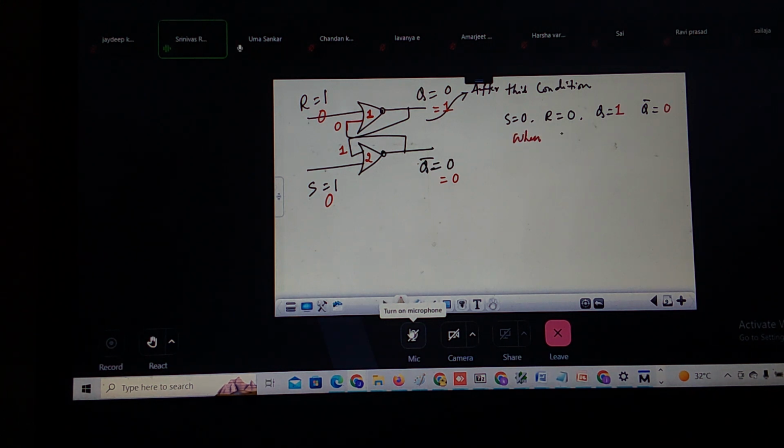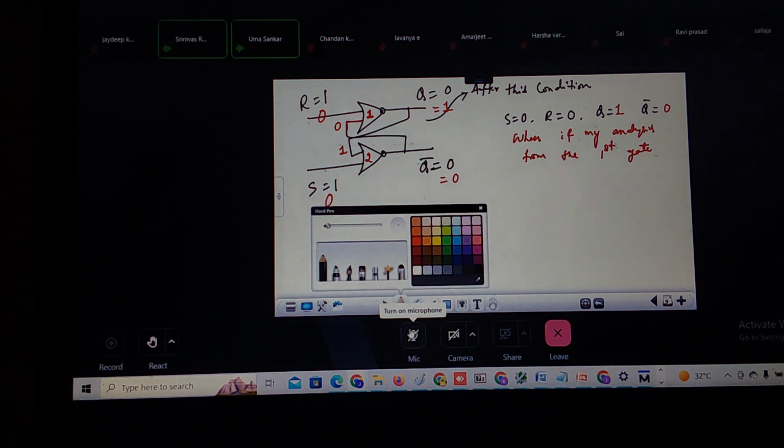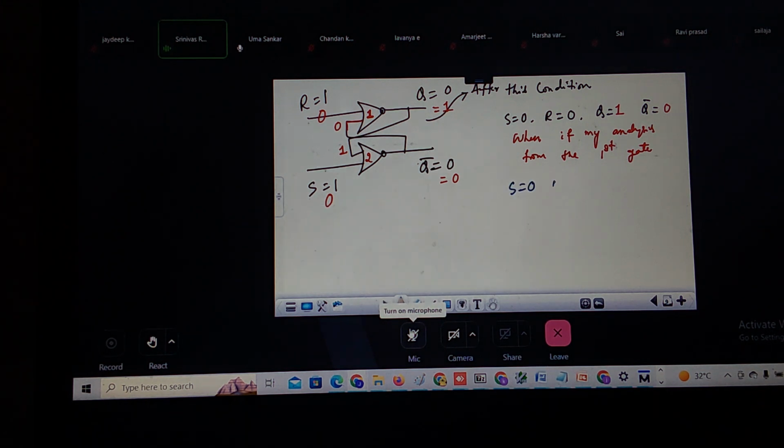When this has happened, that was the analysis starting from the first gate. Suppose after this condition I put again S is equal to 0, R is equal to 0, and I start analyzing from the second gate.